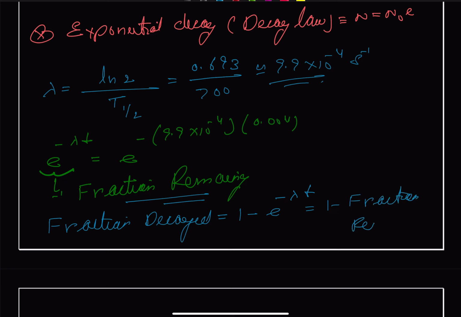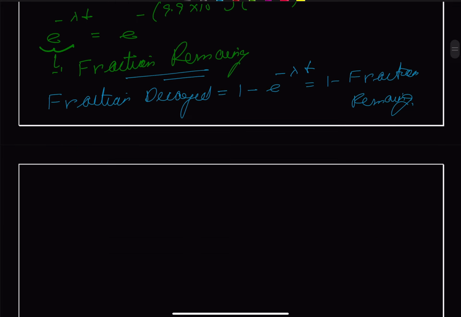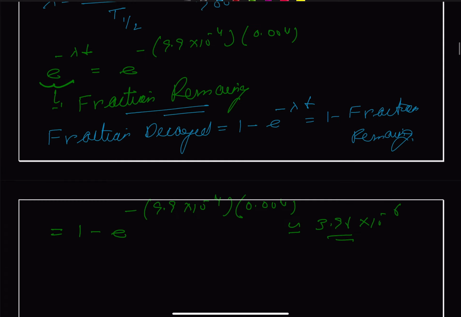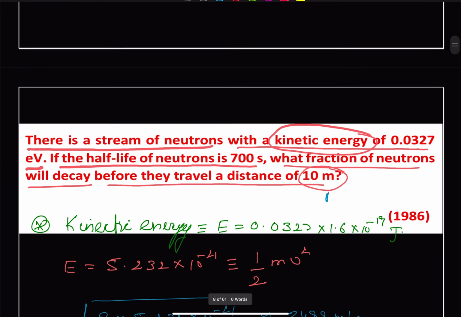So we can write that 1 minus e raised to power minus 9.9 into 10 raised to power minus 4 times 0.004, and this is approximately equal to 3.96 into 10 raised to power minus 6.